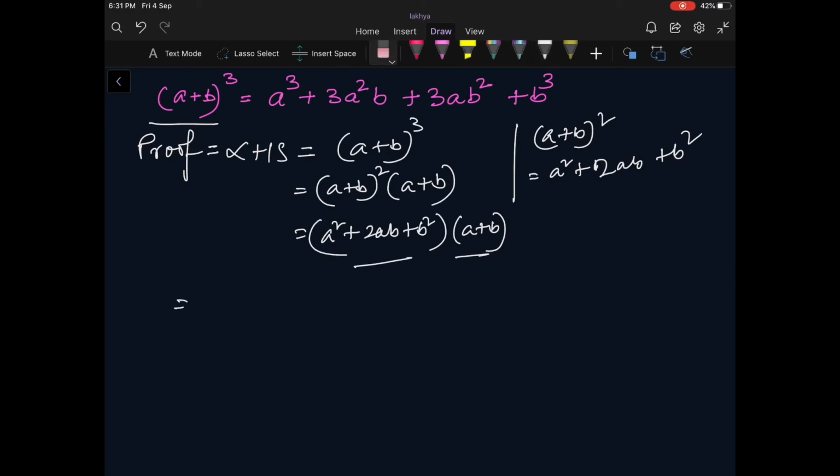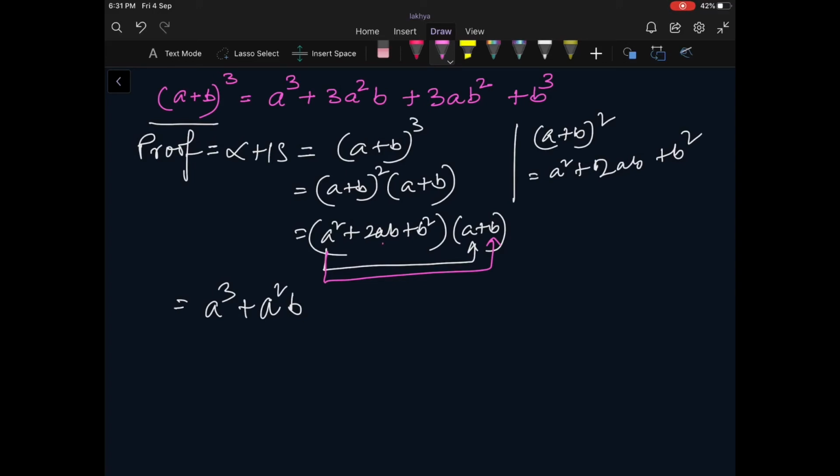Okay, how to multiply these two? I have already shown you how to multiply binomial and trinomial. So first a square into a, that gives a cube. Then a square into b, both are positive, so here it should be plus a square b.